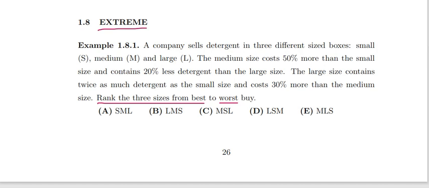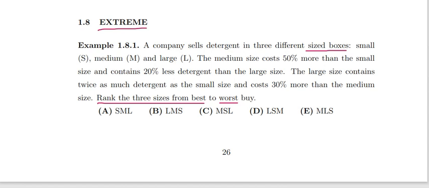Best and worst means extreme situation. Here the problem is about three size boxes. Which one should we buy? Which one is the cheapest? Which one is more expensive?